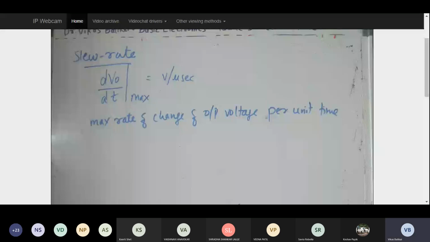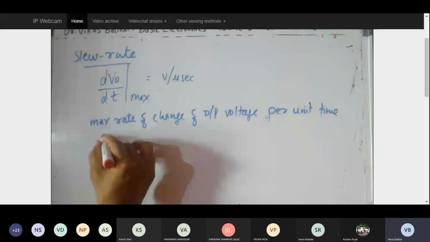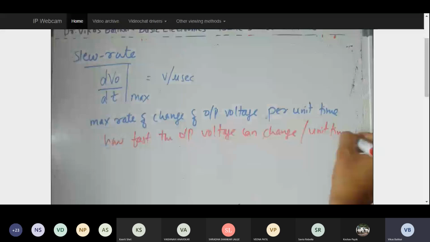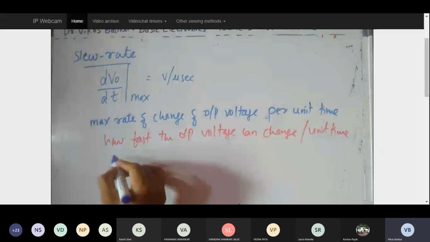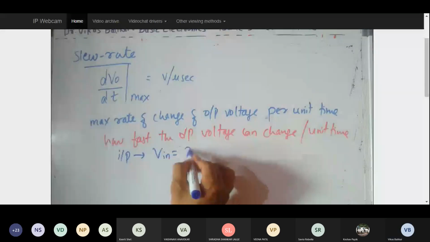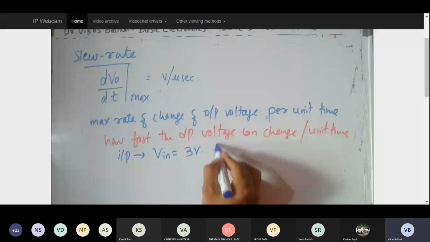For example, suppose an input voltage is given to the input of the op amp whose frequency is very, very high. Let's say Vin is 3 volts and f is equal to 100 hertz. That means I give an input voltage of 100 cycles per second to my op amp.